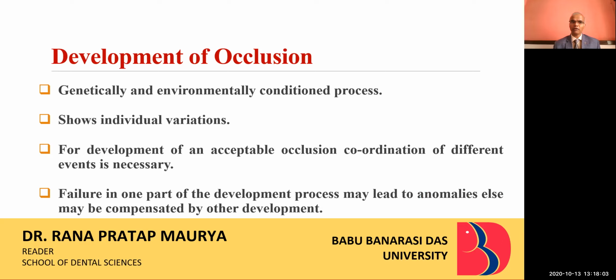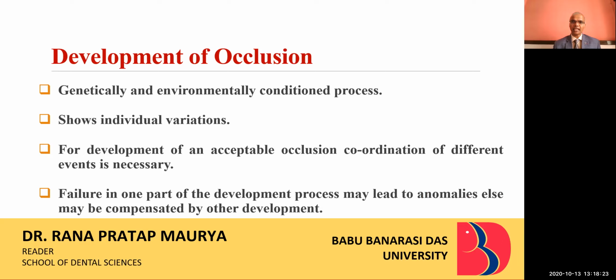So for the development of an acceptable occlusion, coordination of different events is necessary. In the development of normal occlusion, various events take place, like eruption of molars, exchange of incisors, and eruption of canines.